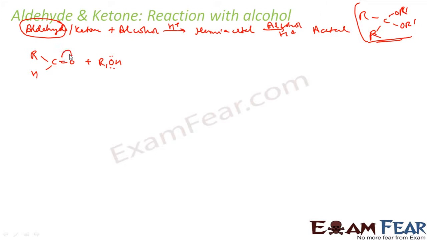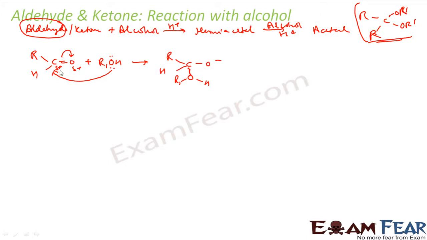Now this is slightly negative, this is slightly positive, right? So this lone pair of electrons will be attracted towards this carbon. So what you get is RCO minus, and then you get OR1 H. This is H already here. This is what you get.